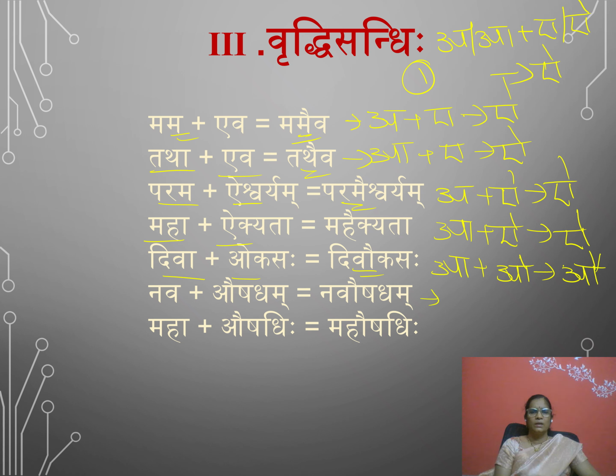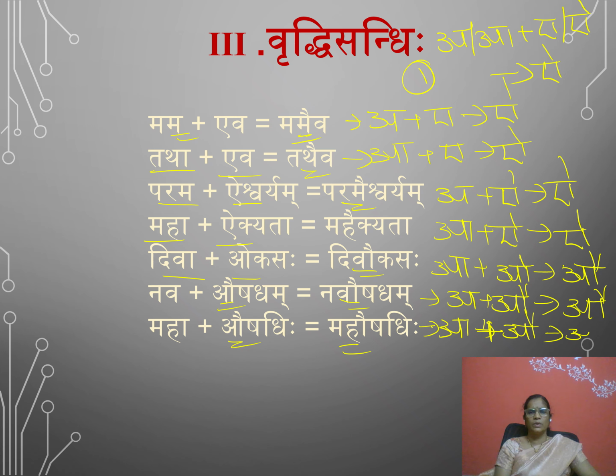And here, first word ended with a, nava, second word au, aushadham. Then also we got navaushadham, here au only. Here maha, a is there, first word ending letter, plus second word started with au, mahau. Maha plus au, mahau. Here also we got au only. So by seeing this one, what did you understand?